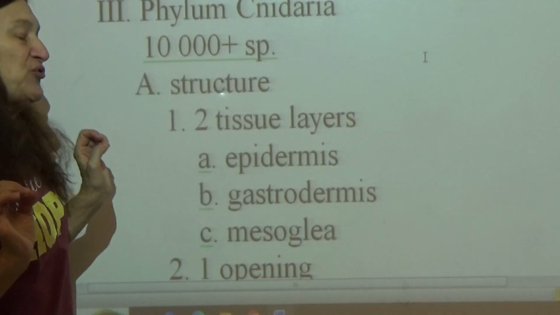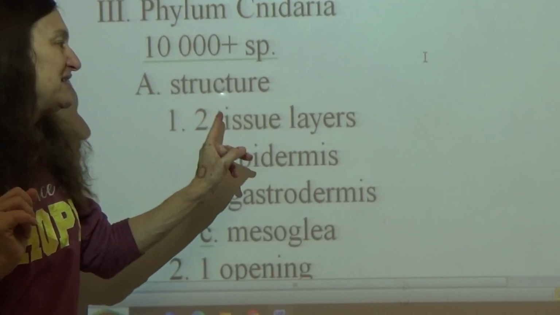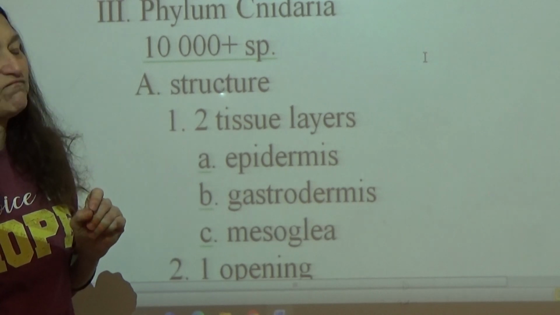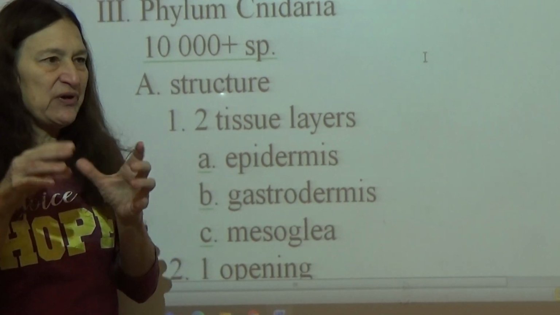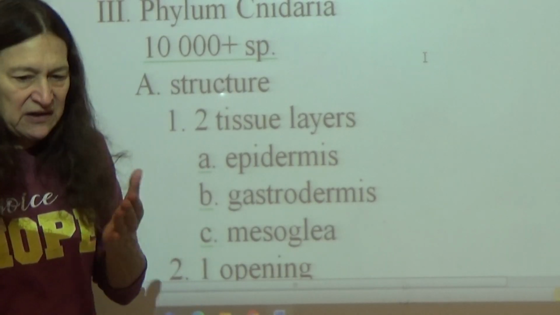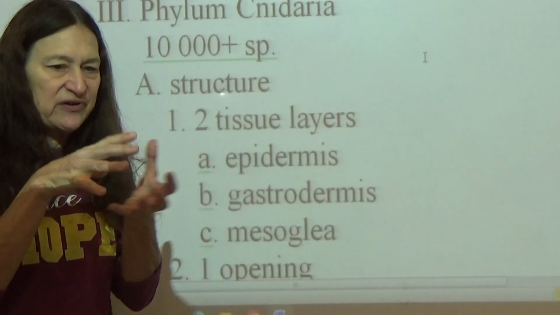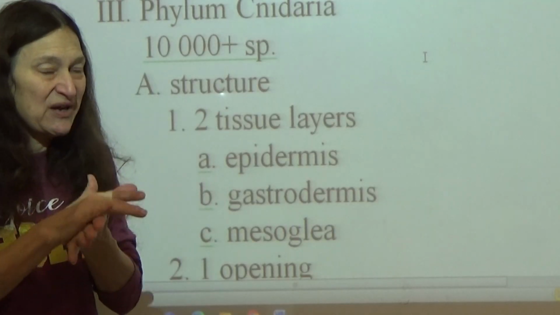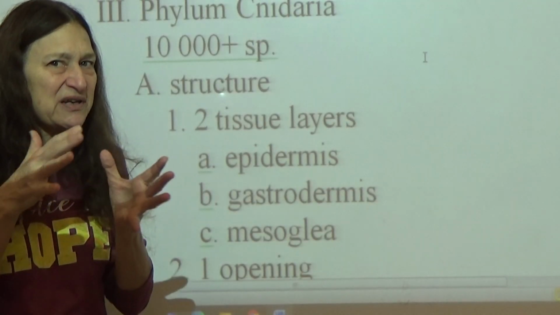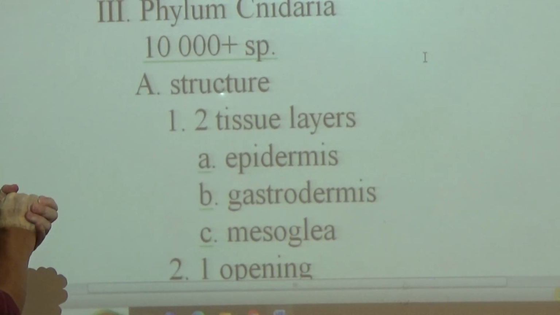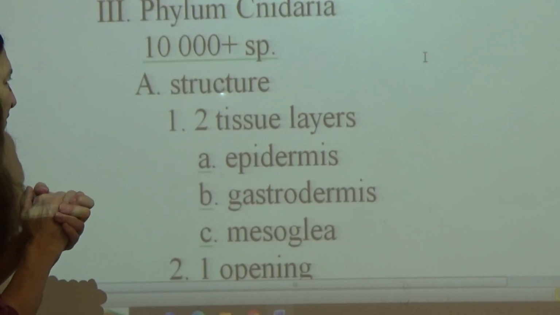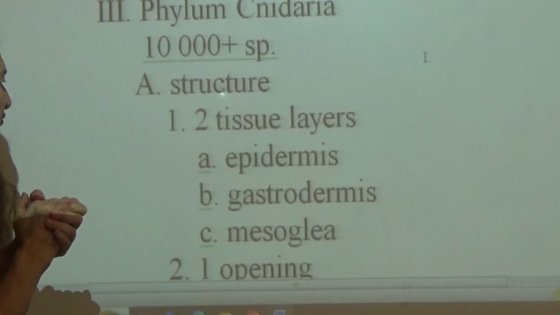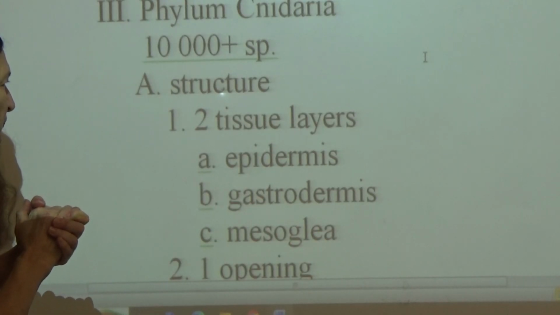They are not just 2 cell layers, they are 2 tissue layers. Now remember, the difference between tissues and cells is you can have different types of cells coming together to make up a tissue, working a little bit more together, okay? Like muscle tissue and all that. All right, so there's two tissue layers.